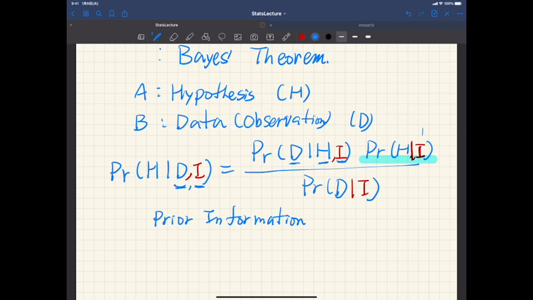And this one in the denominator is just a normalization constant. Formally it is the conditional probability of the data given our prior knowledge, so this is irrespective of hypothesis.